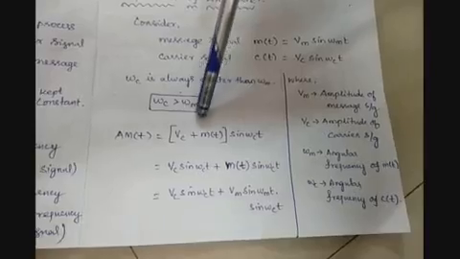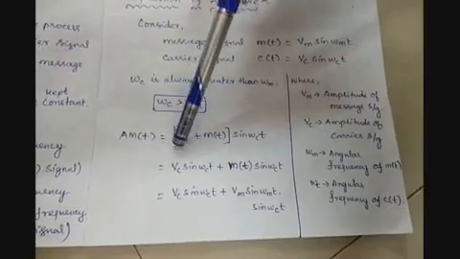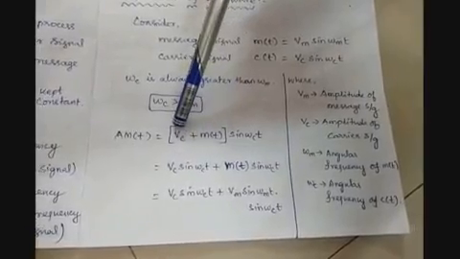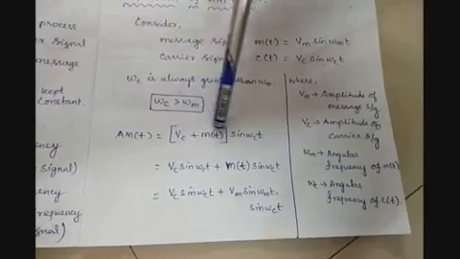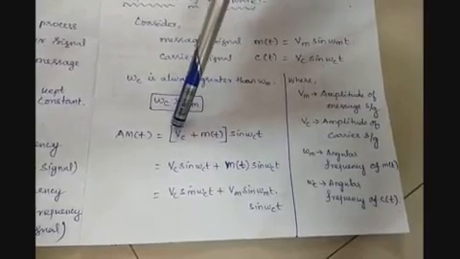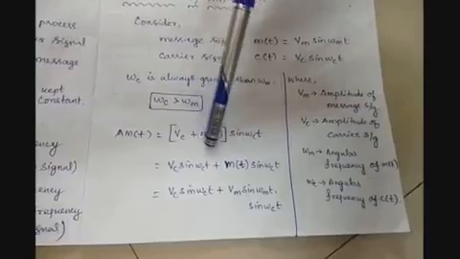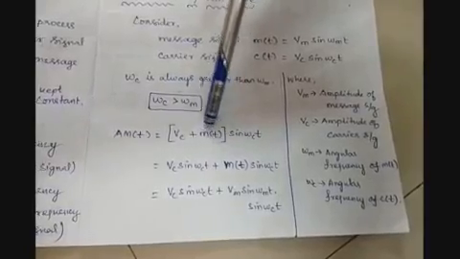So the amplitude of the carrier is Vc, add m of t to this Vc, then the amplitude of the carrier will vary with respect to the instantaneous values of the message signal, right?